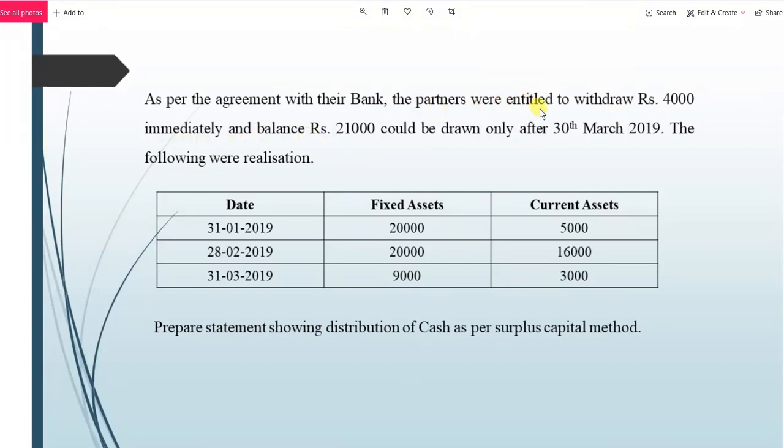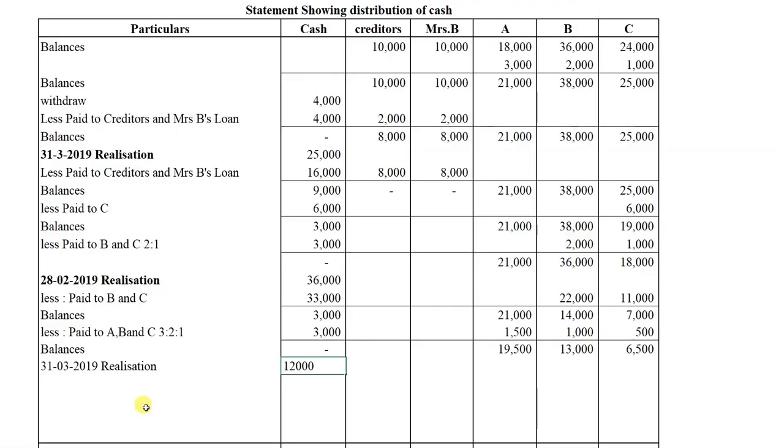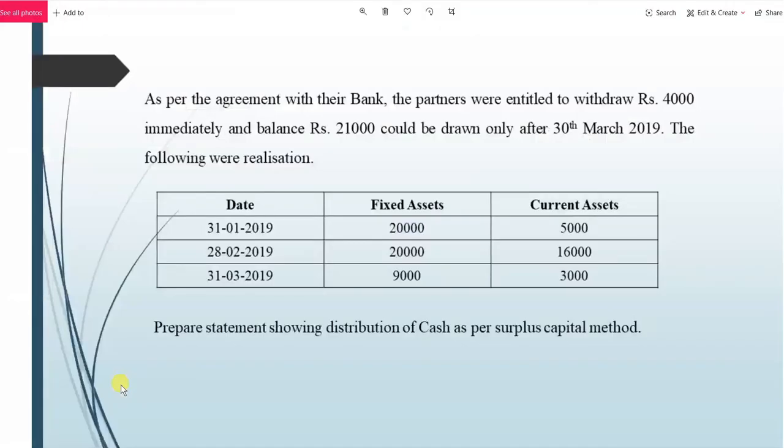We have withdrawn rupees 4,000 immediately, and the balance rupees 21,000 could be drawn only after 31st March. So after the 31st March we can withdraw the amount from the bank. So we will withdraw here 21,000, sorry.